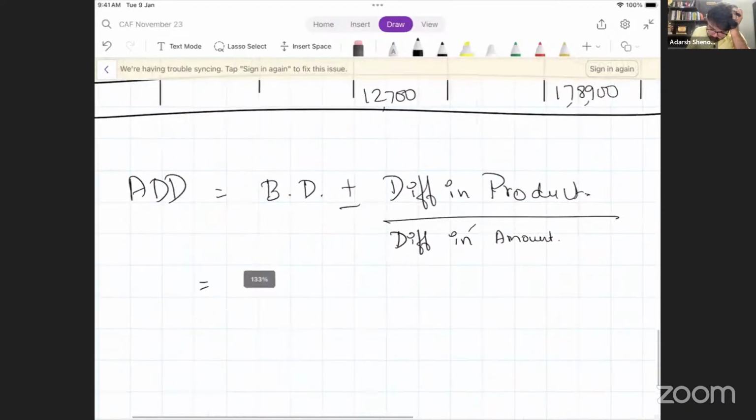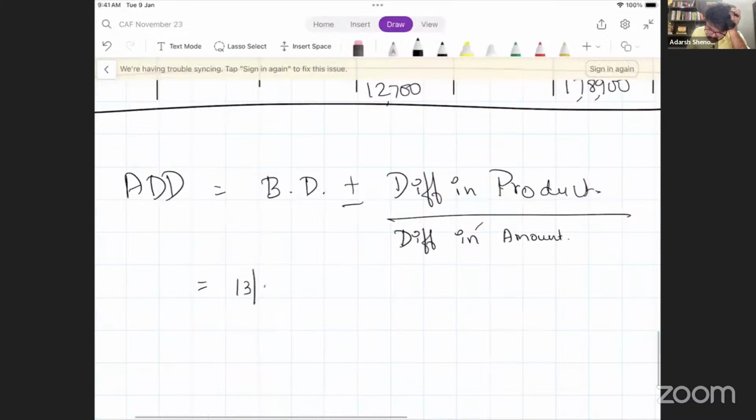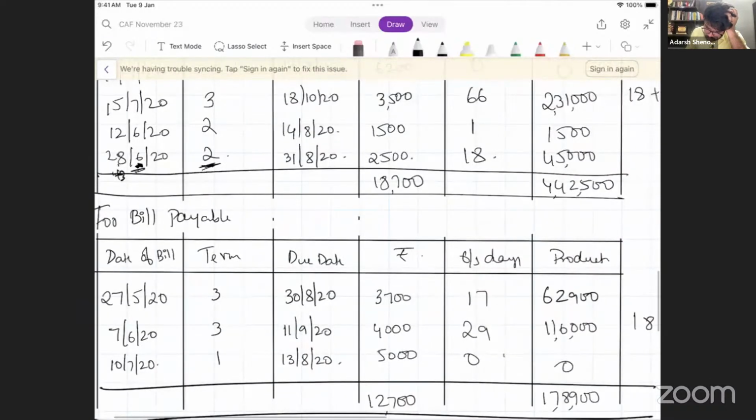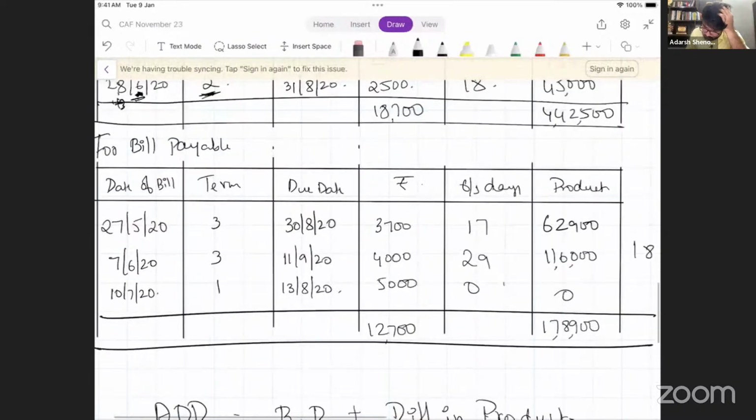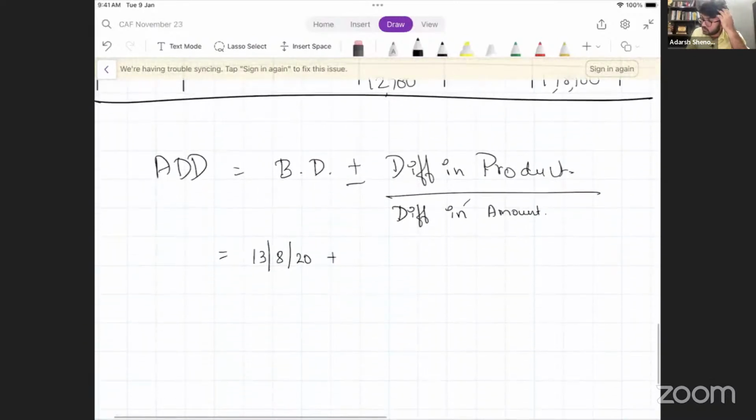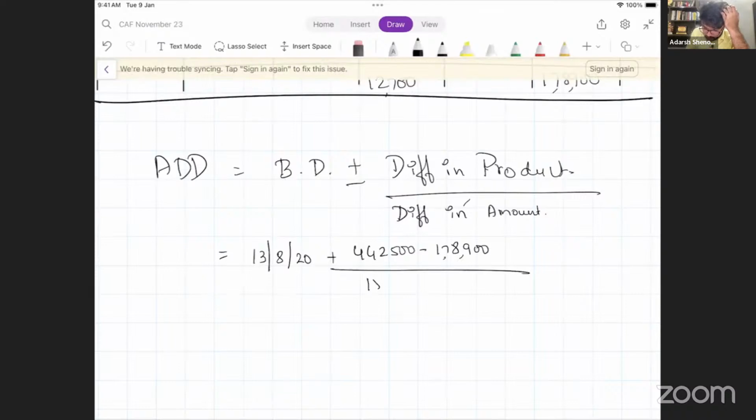So the base date, 13/8, was the base date 20, right? Difference in product 4,42,500 minus 1,78,900, divided by 18,700 minus 12,700.